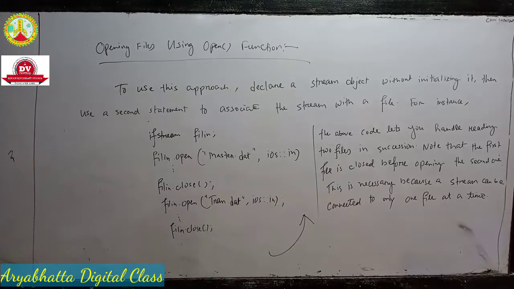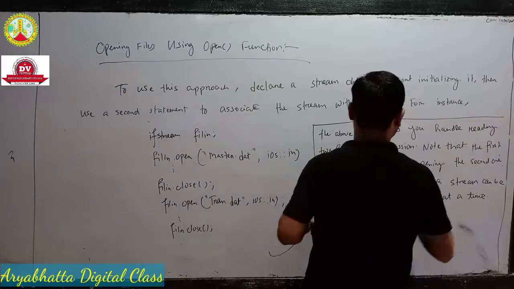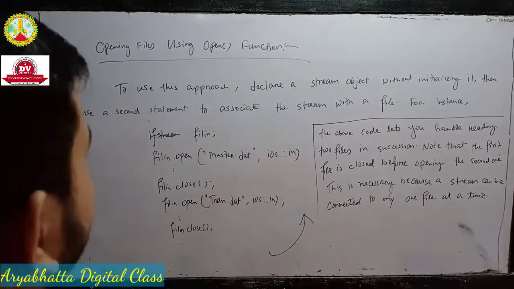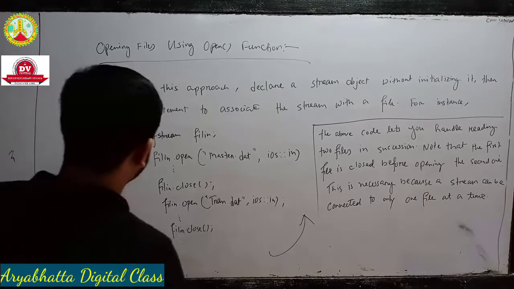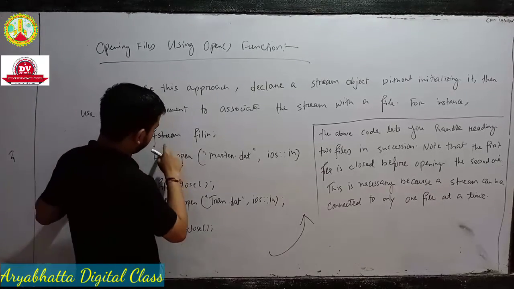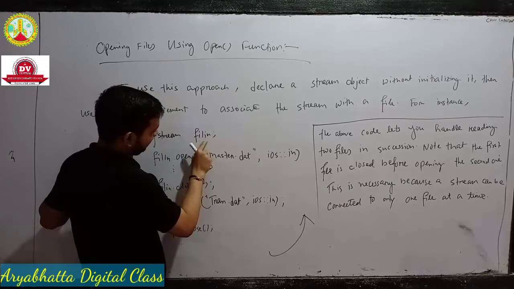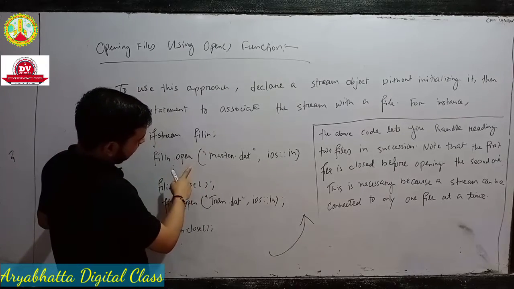As you see, after this you write down that part. To use this approach, declare a stream object without initializing it, then use the second statement to associate the stream with a file. In this coding example, ifstream we use for inputting the file, filin, file in, and with the dot operator we use open to open a file.